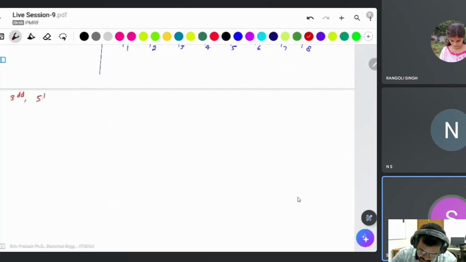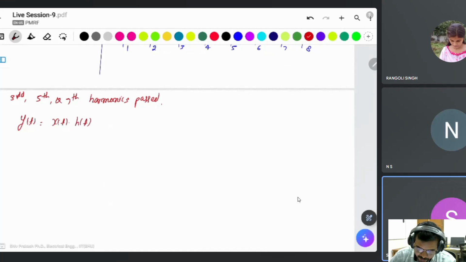Then you can take this one only: the third, fifth and seventh harmonics pass. Then y(t) is equal to x(t) into h(t).